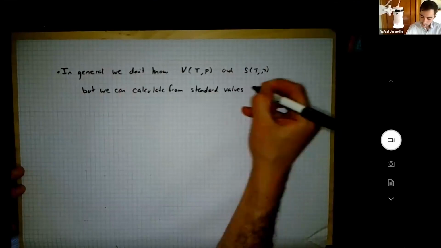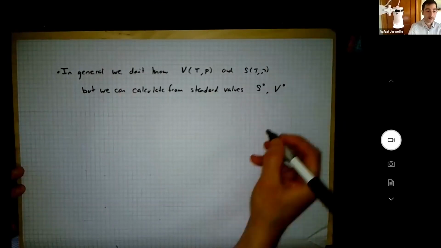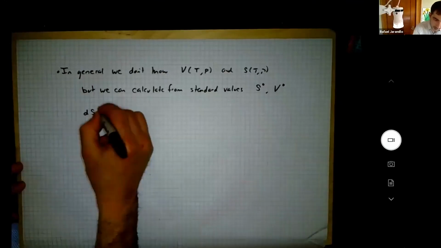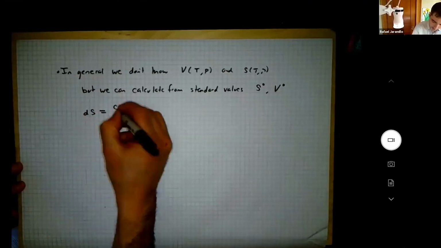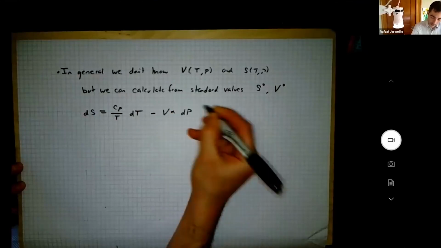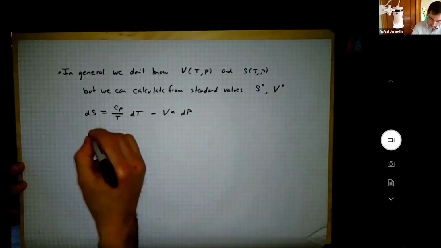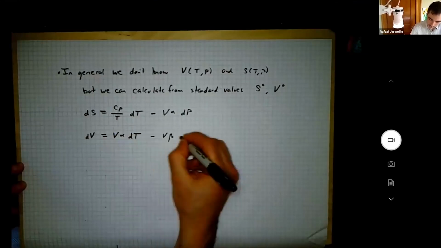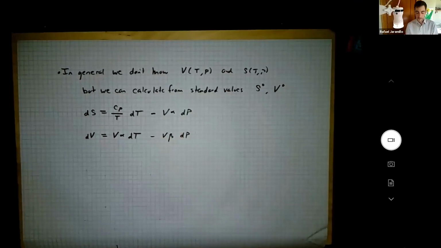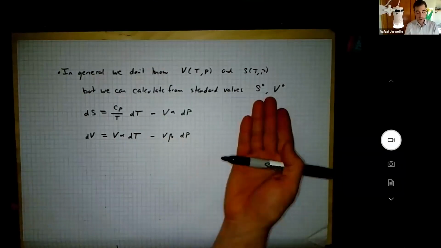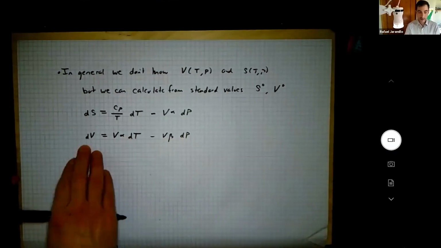Let's say S naught and V naught, right? Standard values at standard conditions. So for instance, we know that dS equals Cp over T dT minus V alpha dP. And we know that dV equals V alpha dT minus V beta dP. And so if we have data, right, we can take standard values and integrate the change in S and V as we vary temperature and pressure.